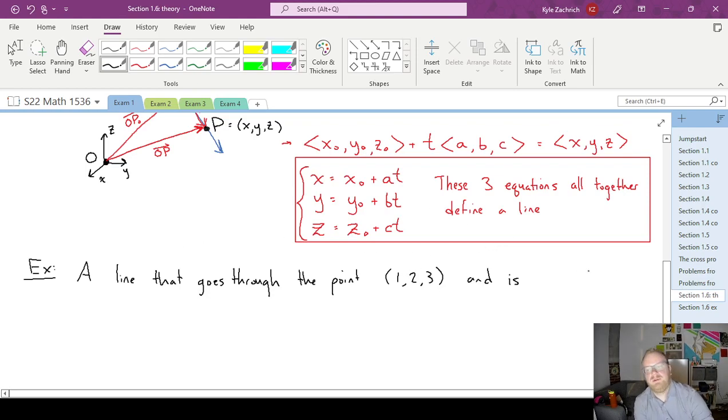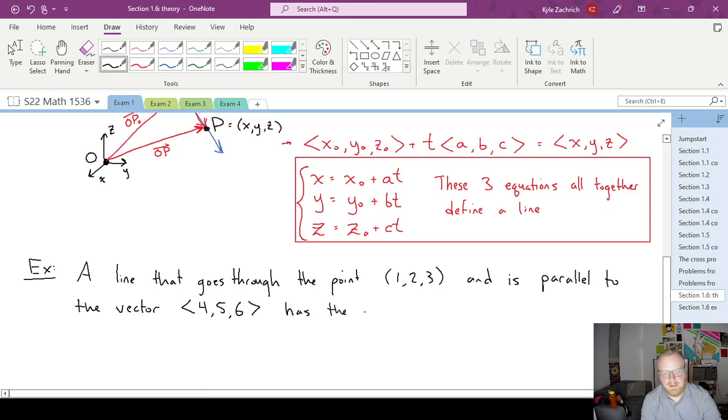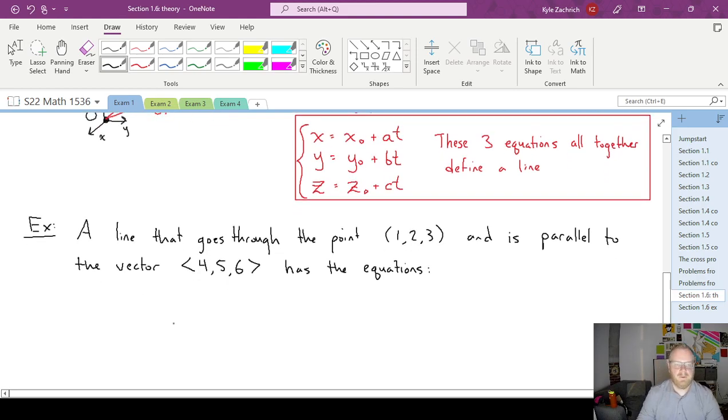It goes through the point 1, 2, 3, and it's parallel to the vector 4, 5, 6, and has the equation x, y, and z. x is equal to, so here's my point, this is my x naught, y naught, z naught, so I'll say 1, 2, 3.